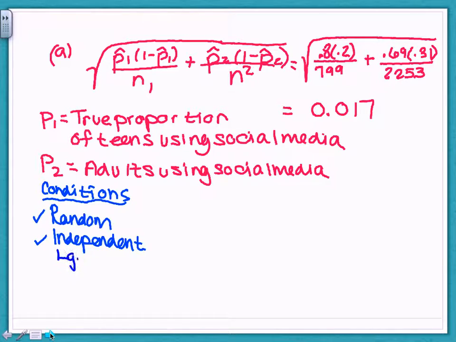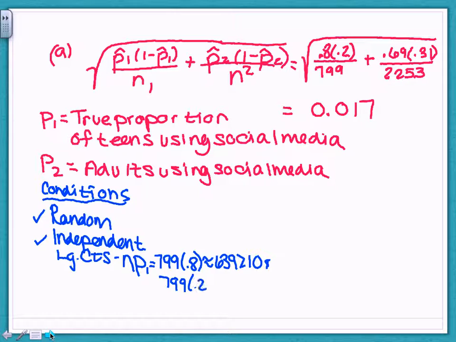Now our large counts. This is going to take a little bit more work. Our number of expected successes for our first proportion would be about 639, which is definitely greater than or equal to 10, and the number of fails would be about 159, which is greater than or equal to 10.